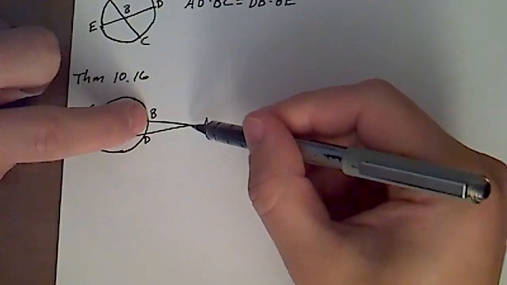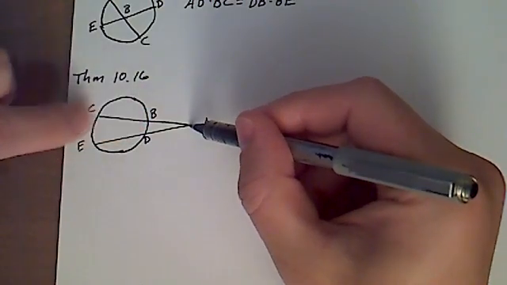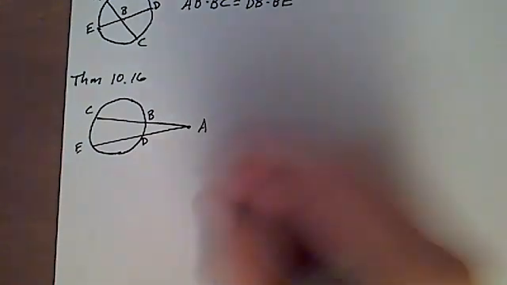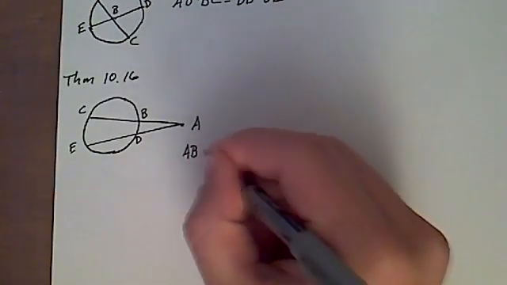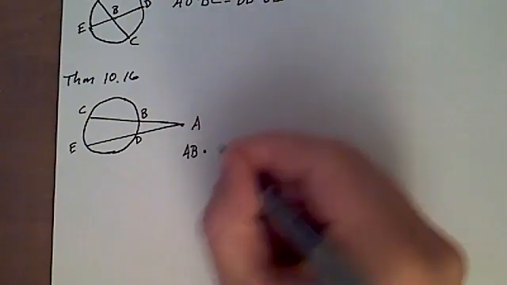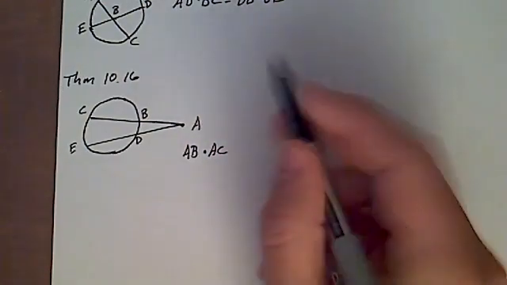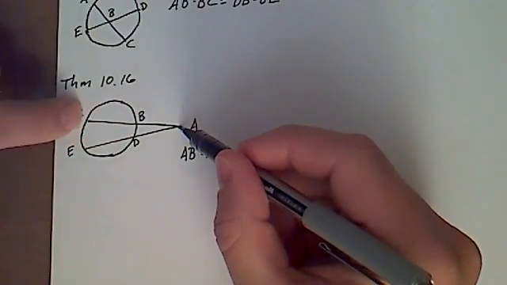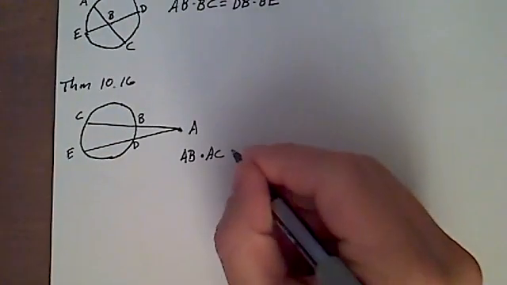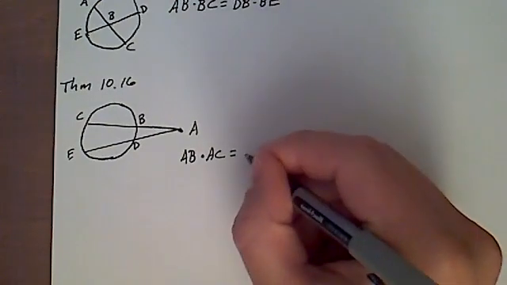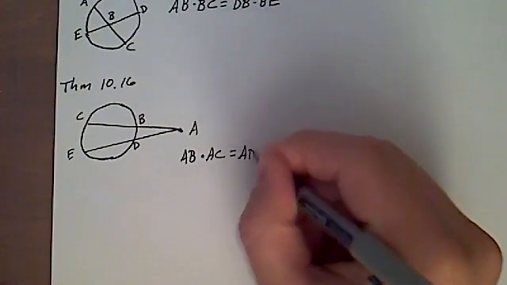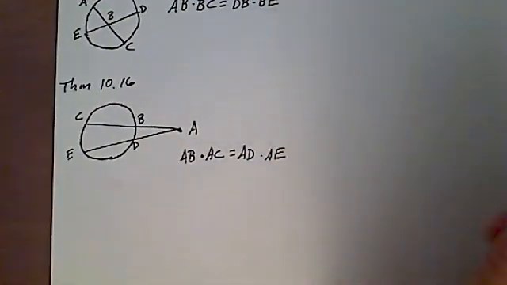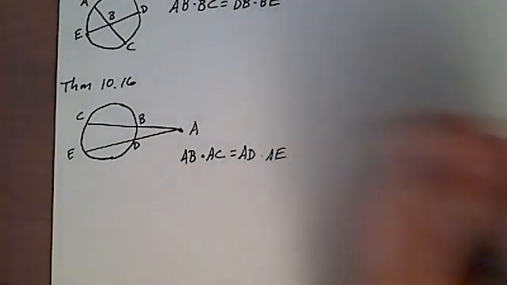It's going to be the product of the outside segment times the whole segment. So AB times AC, the whole segment, is equal to the exact same thing happening on the other side, which is AD, the exterior segment part, times the whole AE.